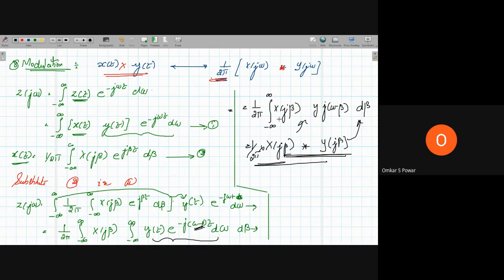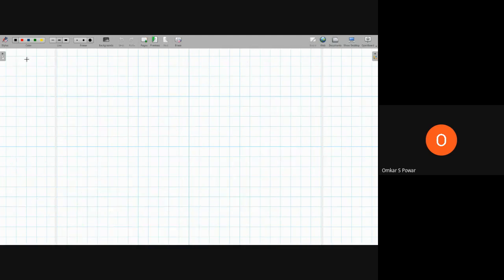So we will go to our last derivation, which is Parseval's theorem. What does this Parseval theorem give us? What happens to the energy of the signal in time domain? It will be the energy density spectrum in your frequency domain.